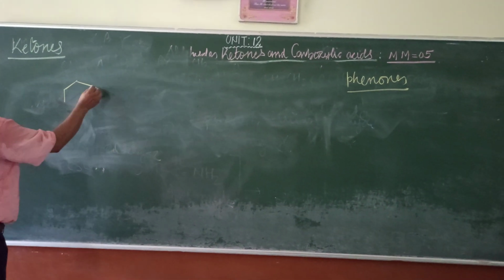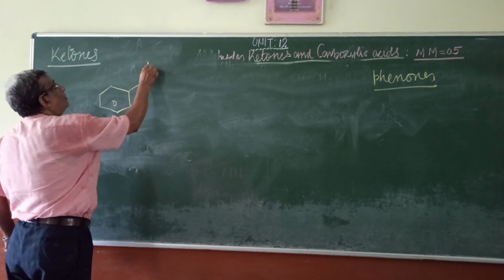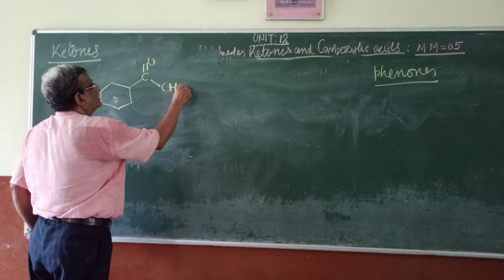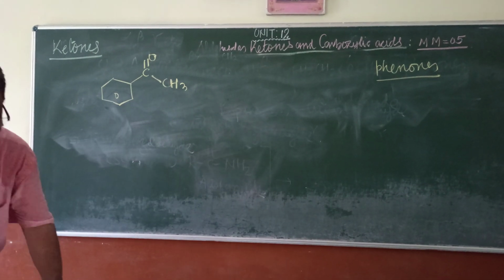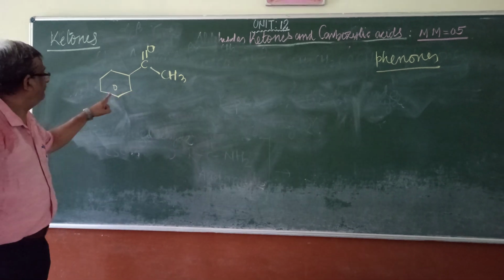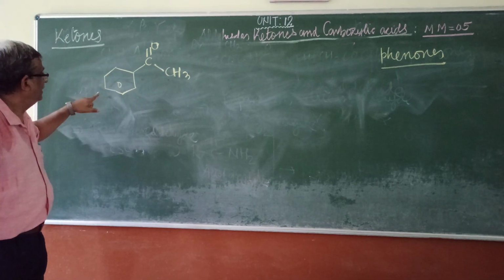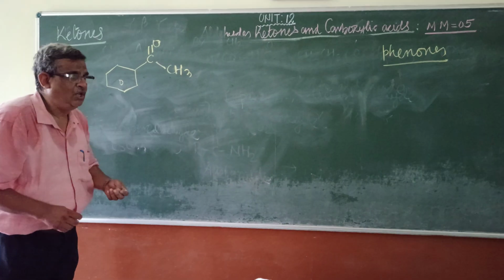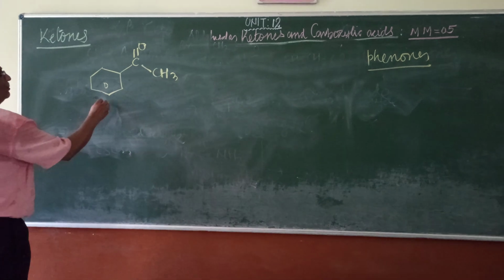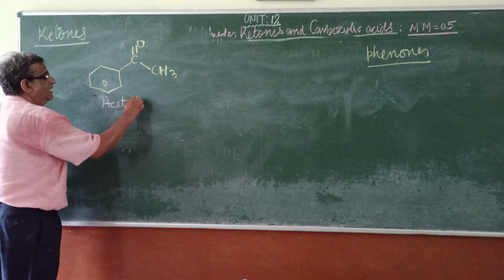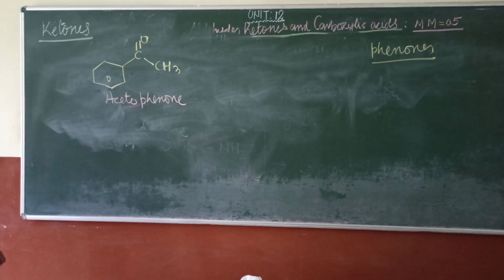I write the structure. This is the benzene ring, this is C double bond O, this is CH3. Now, the name of this compound is methyl phenyl ketone, commonly known as acetophenone.